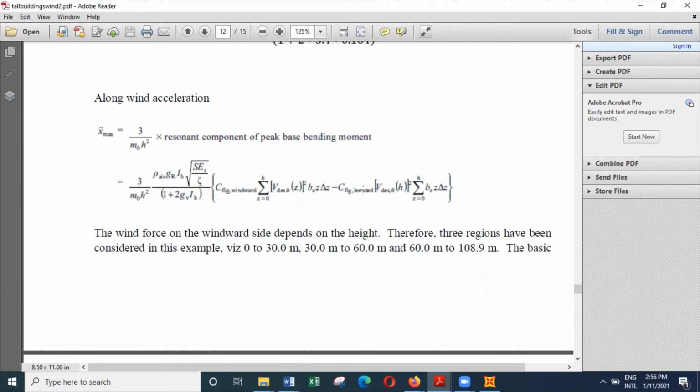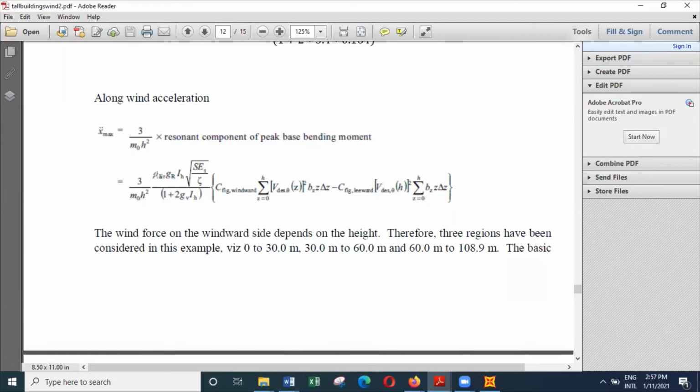Although it says this minus this, leeward effects are suction, whereas windward effects are pressure. So they have to be added up. Although it talks about the difference, what actually happens is C figure leeward is minus 0.5, so you will find that this and this will be added up.